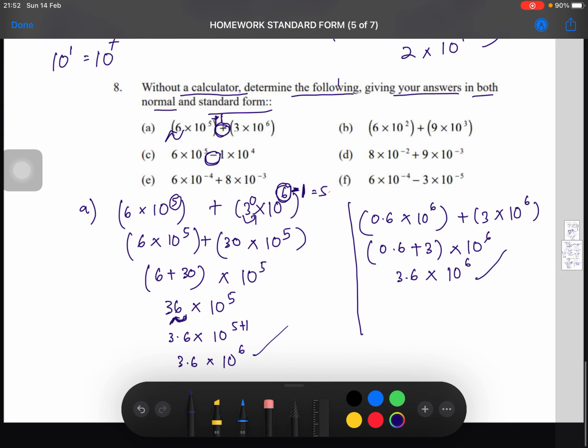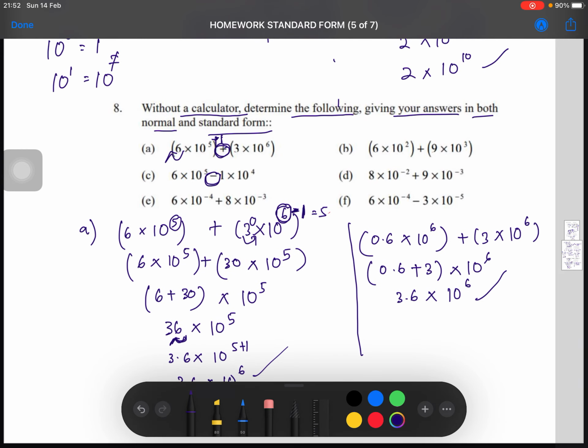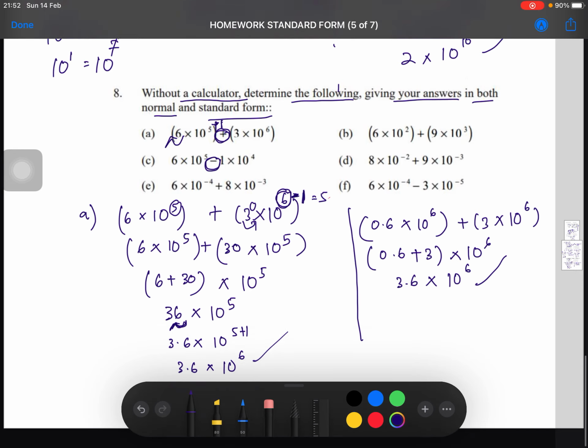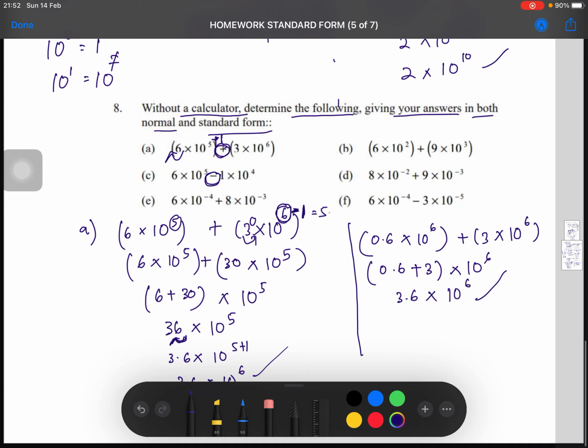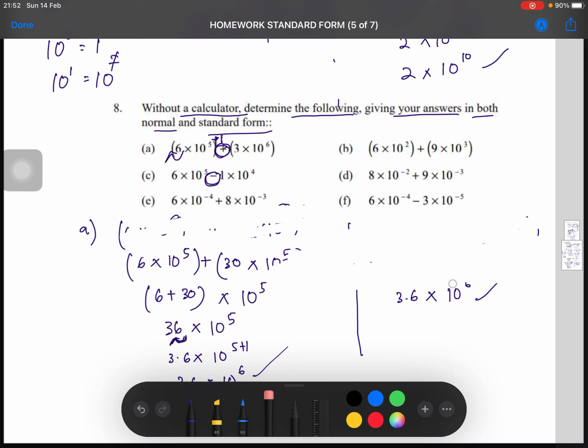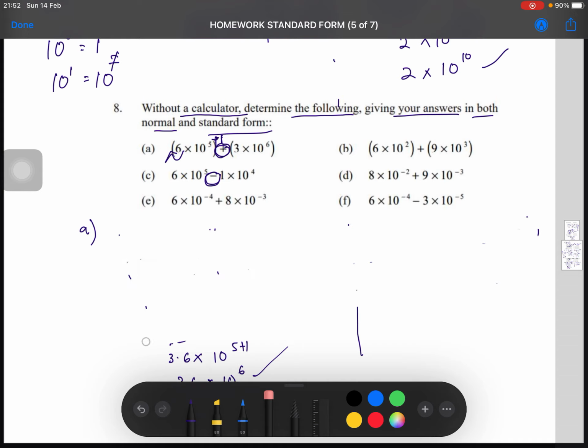Should be no problem. If you want to choose 5 or 6, the final answer is the same. For addition and subtraction it is a bit confusing, but still okay if you are strong in the concept of standard form.